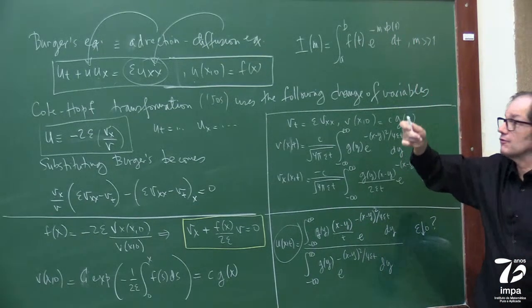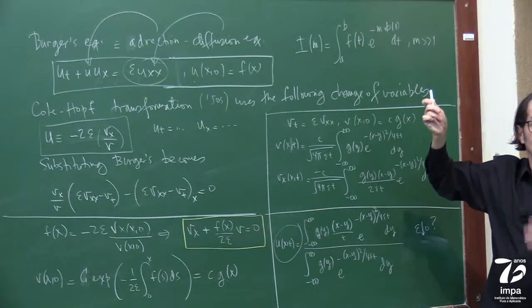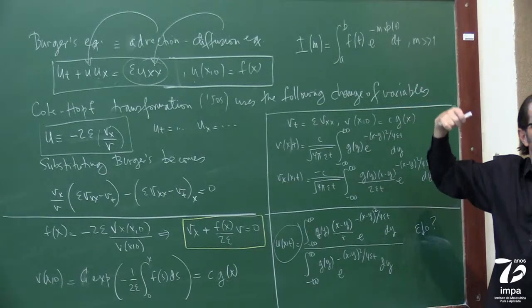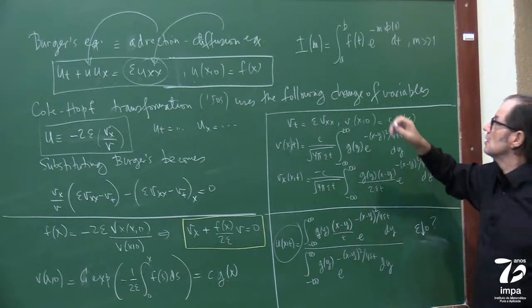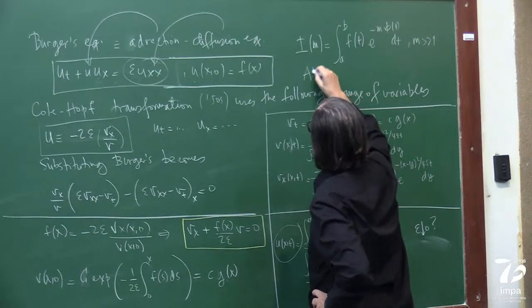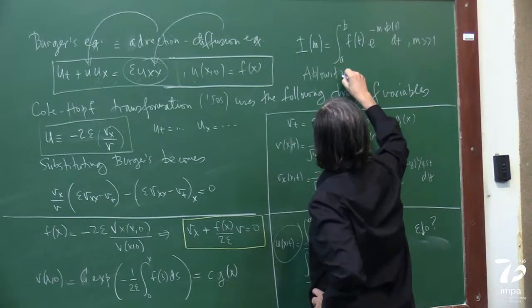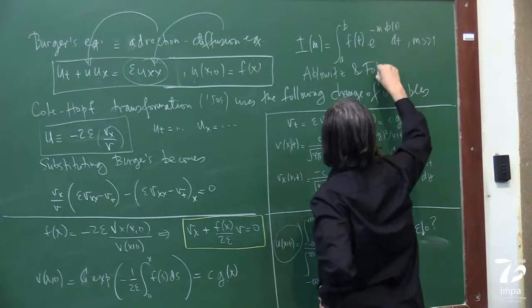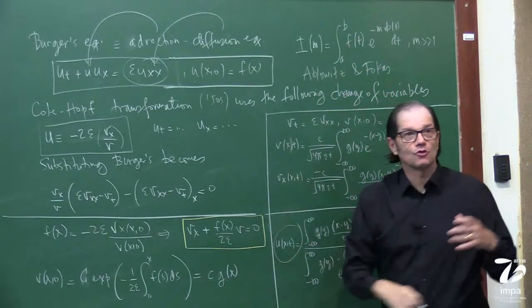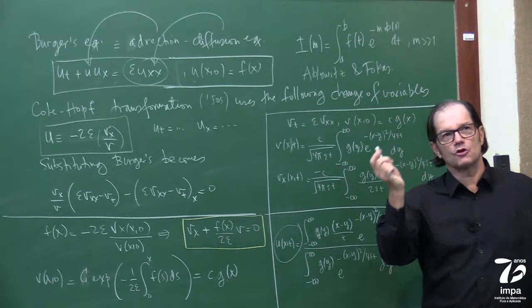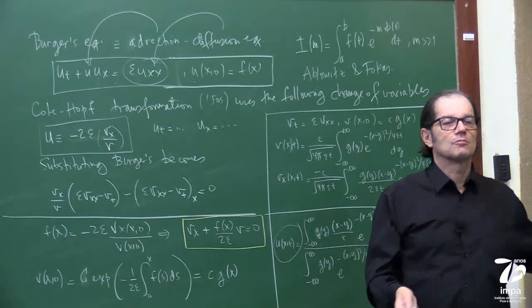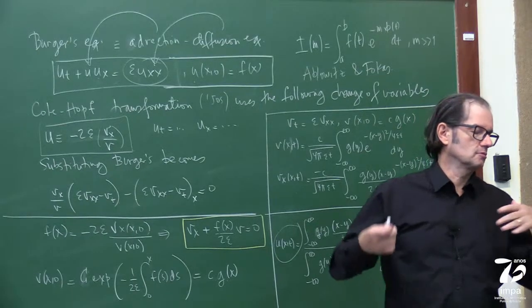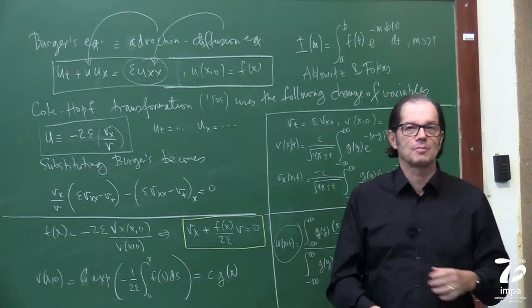This is the notation of a complex variables book, which I like a lot. I mentioned it to you: it's the book of complex variables by Ablowitz and Fokas. If you look in your university library or here at IMPA for books on asymptotics of integrals, it's a classical topic.